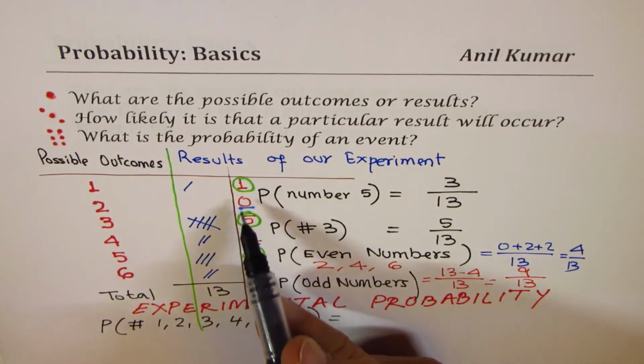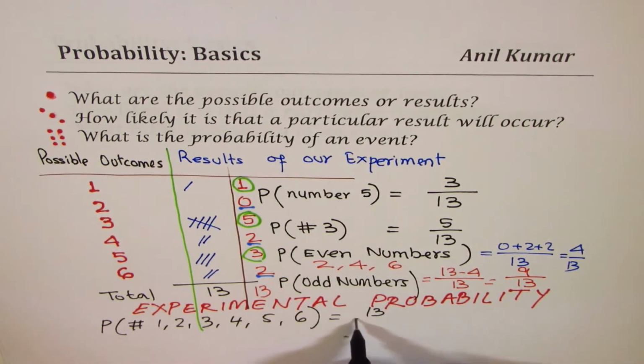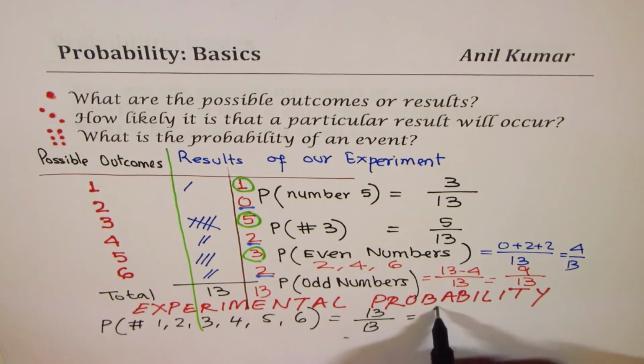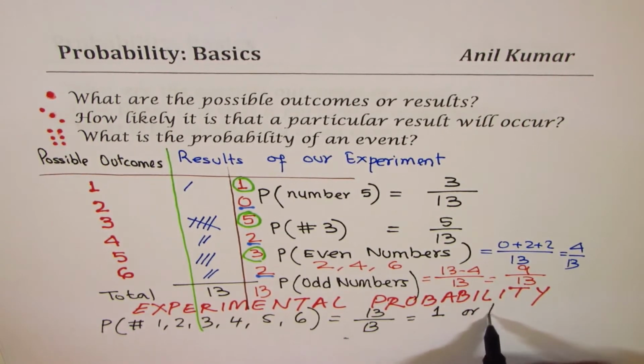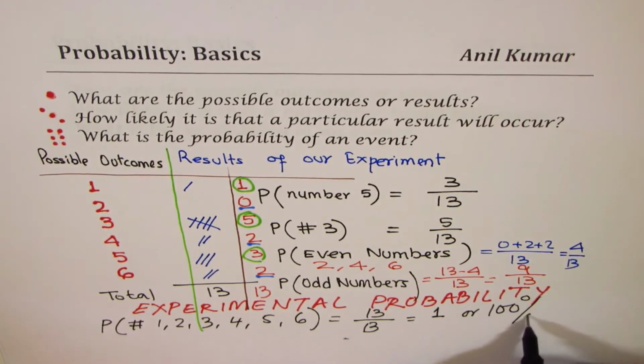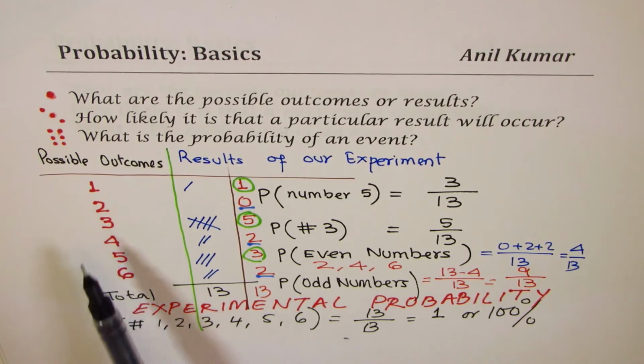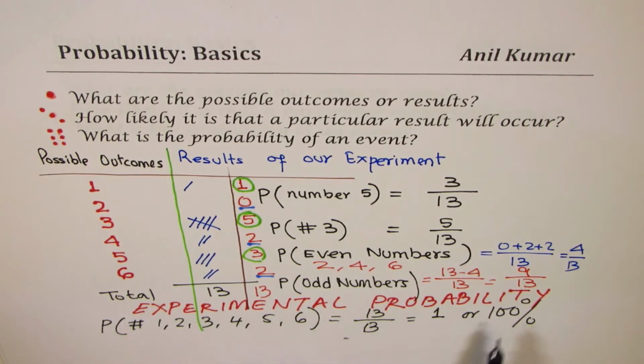Well, when you add them up, you get 13 out of 13. We say probability is 1, or sometimes in percent we say 100%. So it is certain to get one of these numbers in this experiment, and we say that the probability is 100% to get one of these numbers.